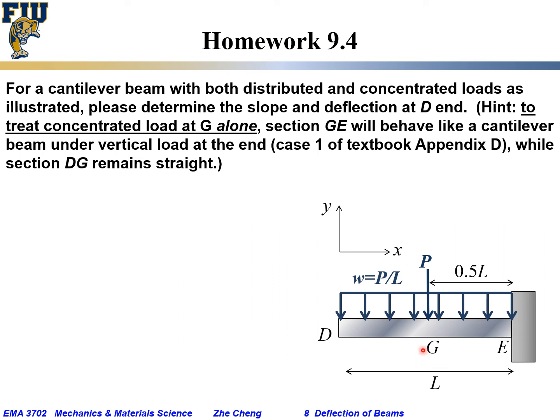So the hint is to treat the concentrated load at G, at the center, alone, and then the section GE would behave like a typical cantilever beam with a vertical load at the end, while the section DG for that concentrated load would remain straight because that part has no applied force on it.